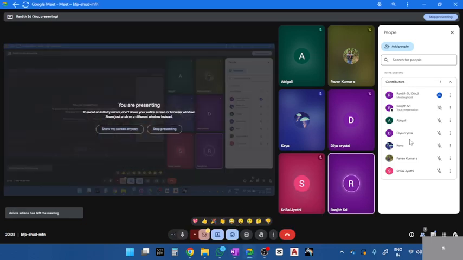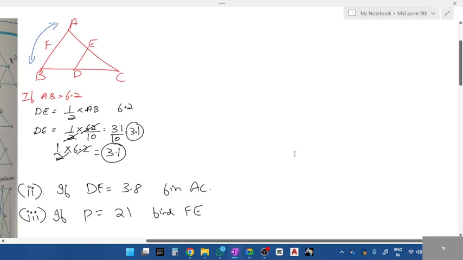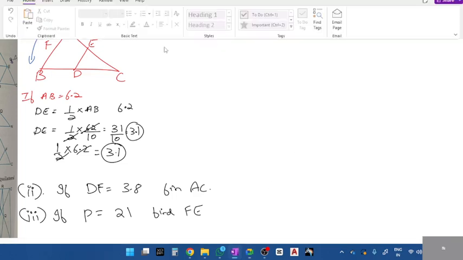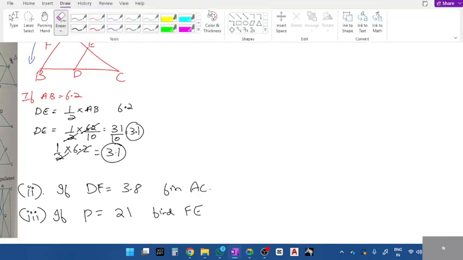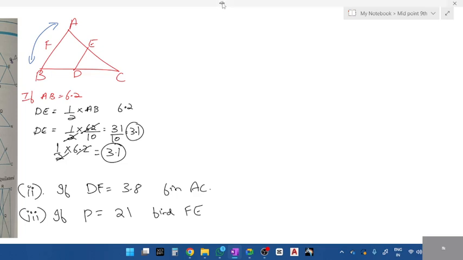Delicia, Abigail, Tia, Bhargavi, Ananya, all of you understand? Okay. For the second question, students, tell me, which line are they talking about? Second one, which midpoint line? No, no, I need the midpoint line, not the triangle one. The inner triangle. DF, they asked about DF.